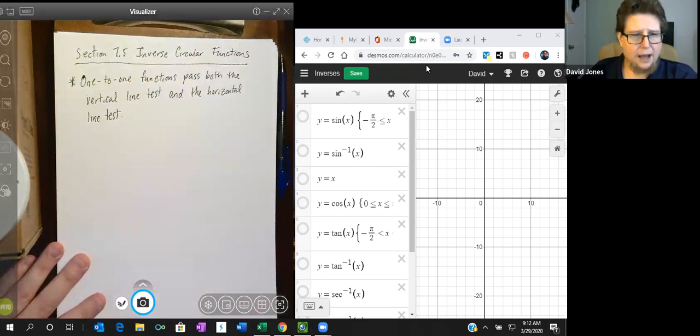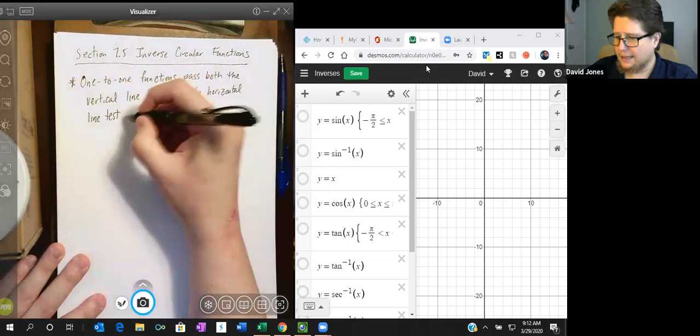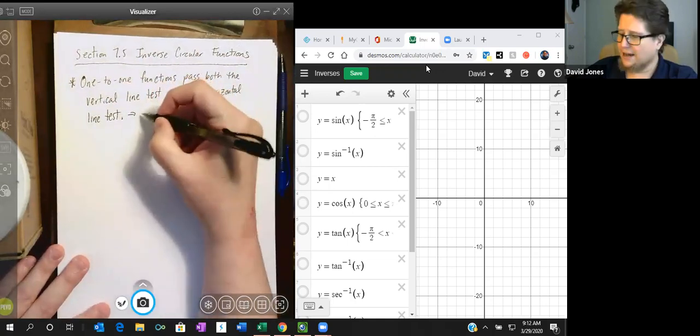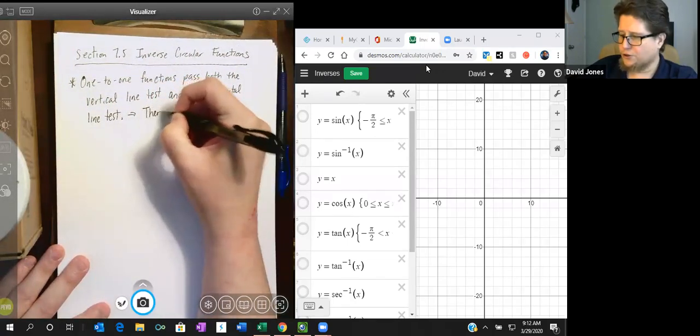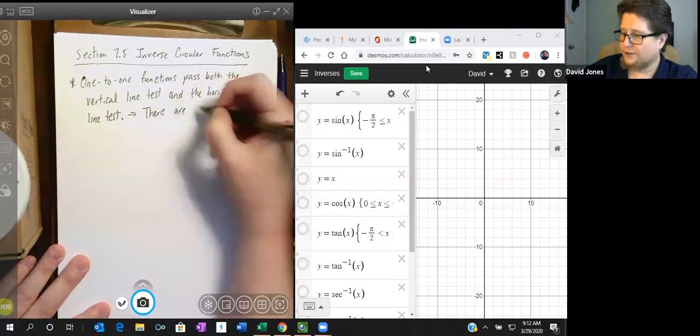Okay. What this really means is there are no duplicate y values or x values.